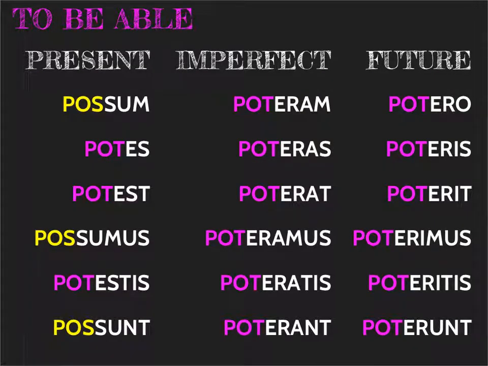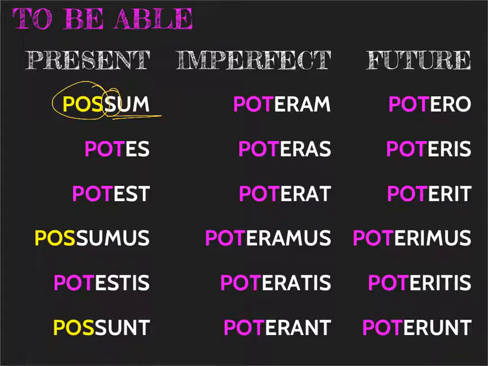In order to conjugate the verb to be able in the same tenses, you just have to know two rules. If the form of to be begins with an S, you are going to add the prefix pos to turn that verb from to be to to be able. So sum by itself is I am.